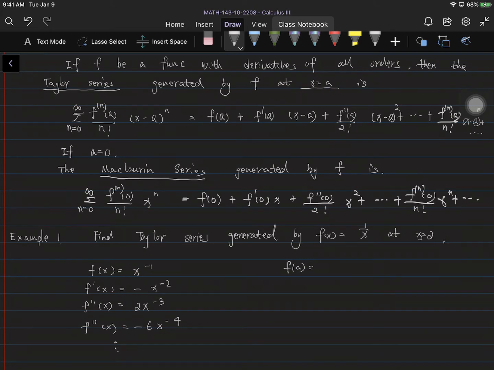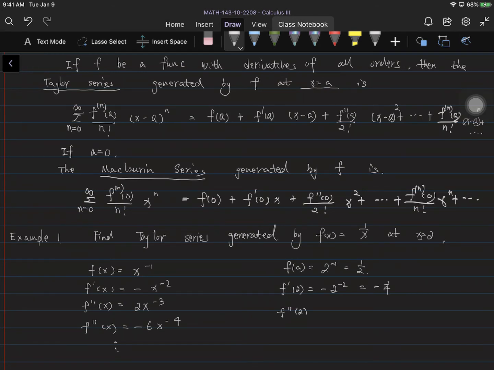So f(a) is 2 to the negative 1, which is 1/2. And let's see, f prime(2) equals what? Plug in 2 to the negative 2, which is negative 1/4.